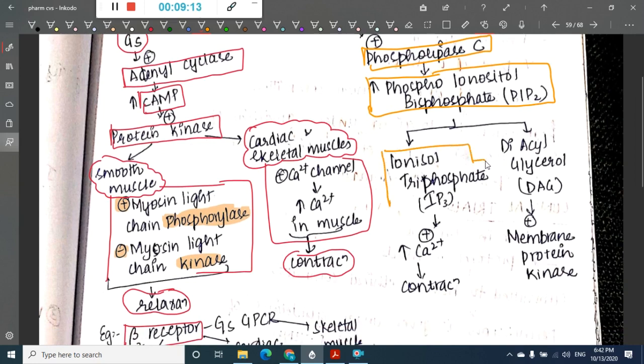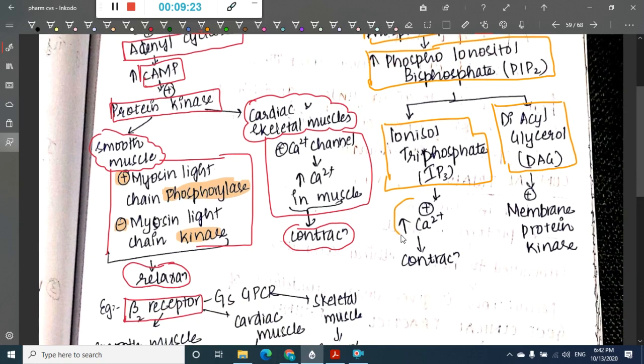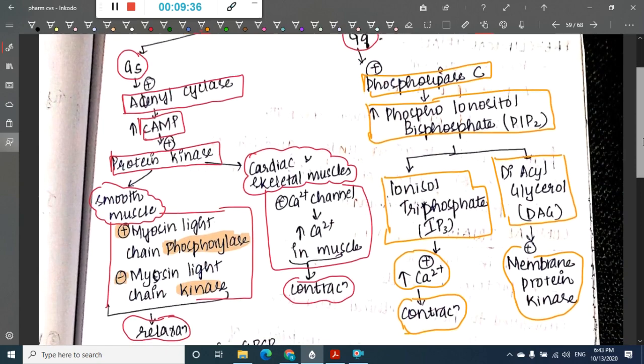One, it will increase the inositol triphosphate and it will also increase diacyl glycerol. Okay, this inositol triphosphate increases calcium and thus causes contraction, whereas this diacyl glycerol will activate membrane protein kinase. So this is about the GQ receptor.